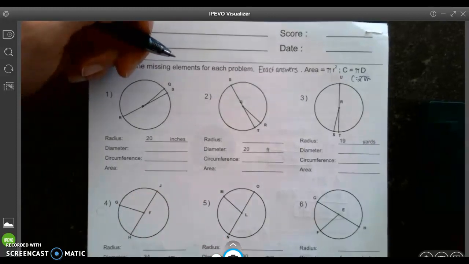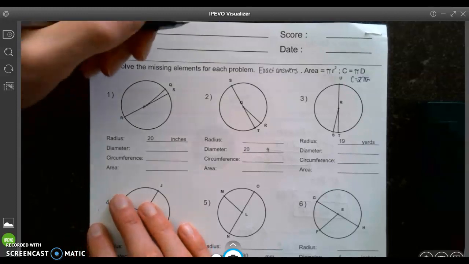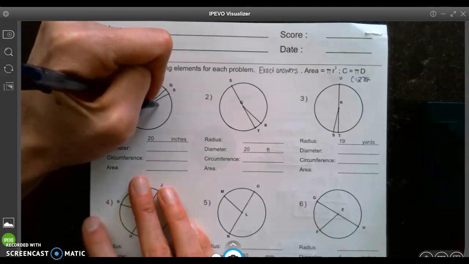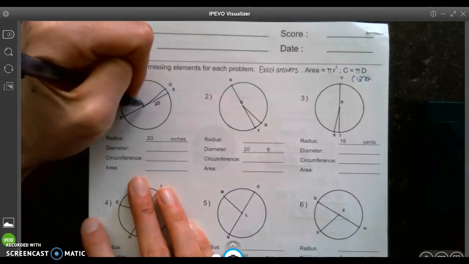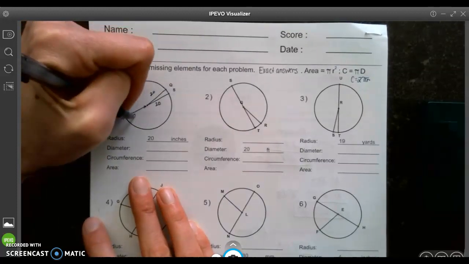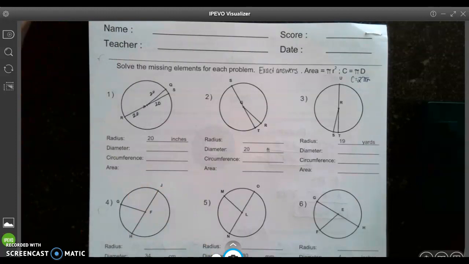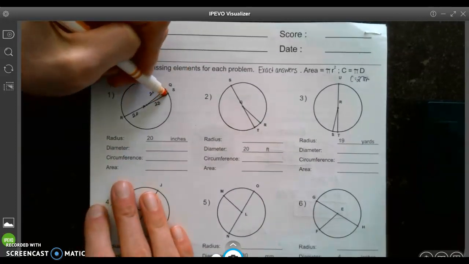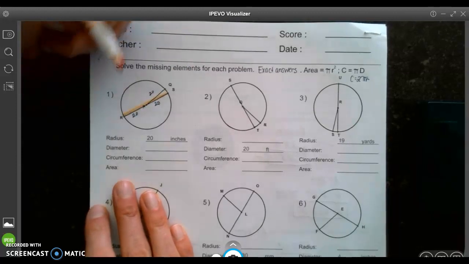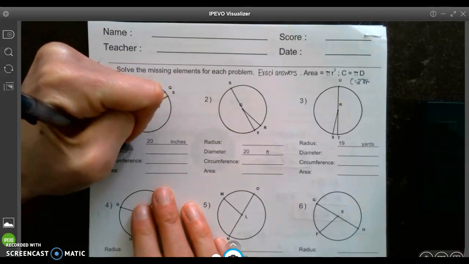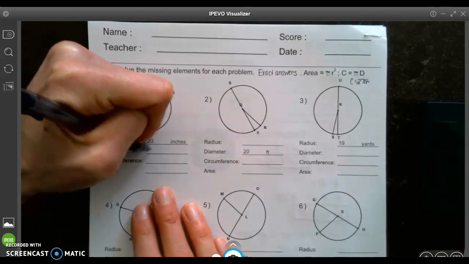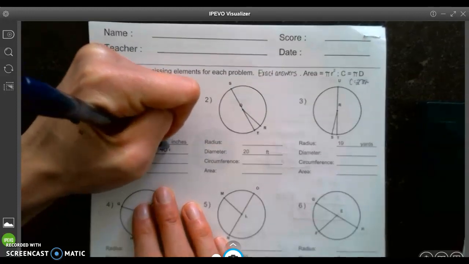So if the radius is 20, that radius is 20, this radius is 20, what the next question is asking me is the diameter. What is this whole piece? Well, all we have to do is 20 plus 20. So the diameter is 40 inches.